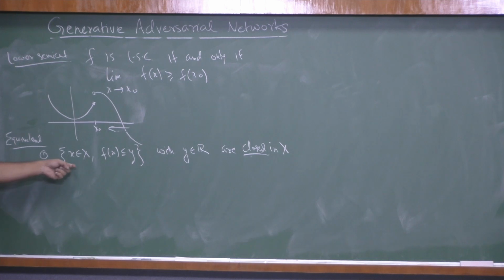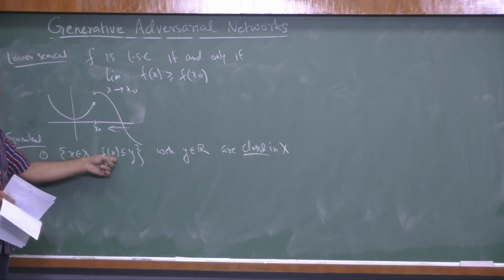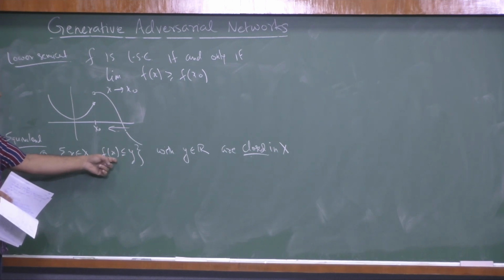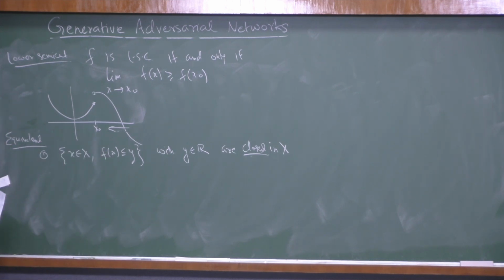Those who know what it means to have a closed set can say that lower semi-continuity is the same as saying that, for any y, the set of x for which f(x) is less than or equal to y, basically these level sets, must be a closed set.